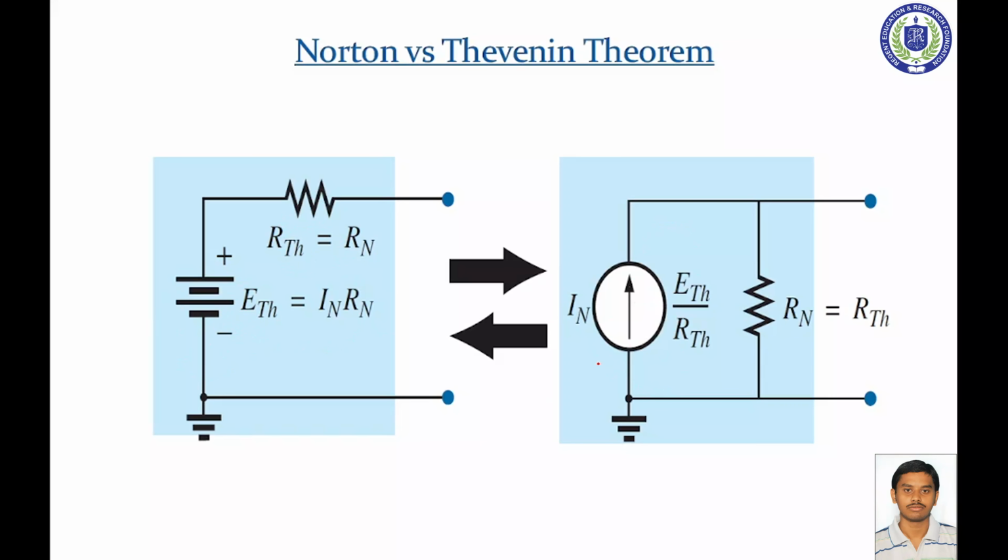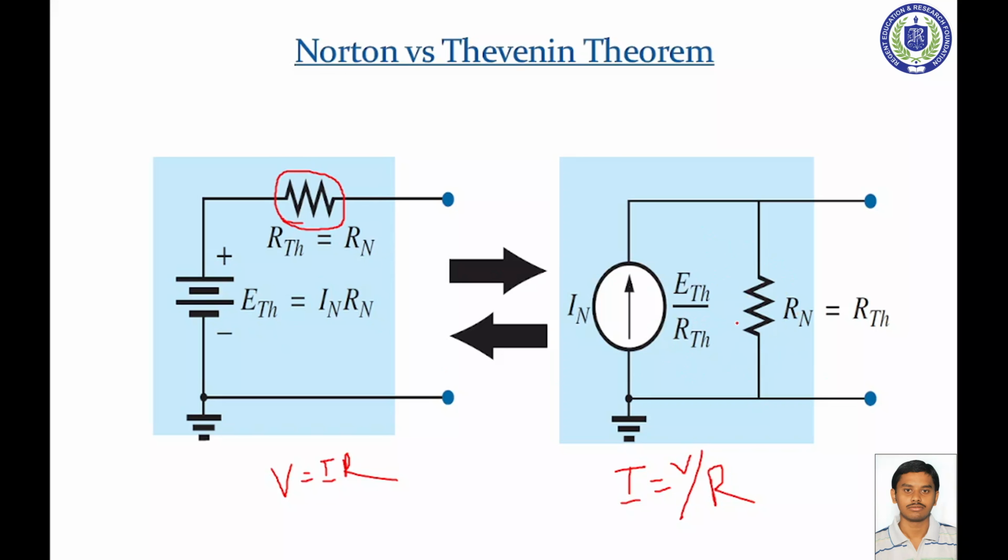So we apply Ohm's law, V equals I into R and I equals V by R. So if we change Thevenin's theorem to Norton's theorem, Norton's current is VTH, Thevenin's voltage, divided by RTH, and this resistance is connected in parallel with the current source.